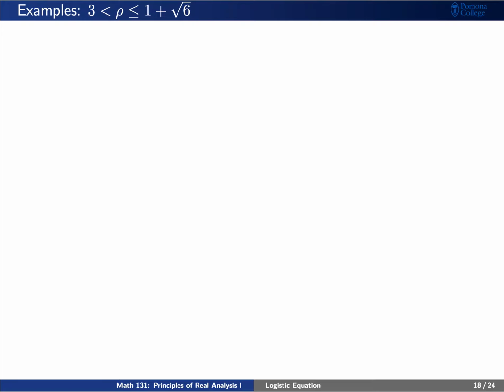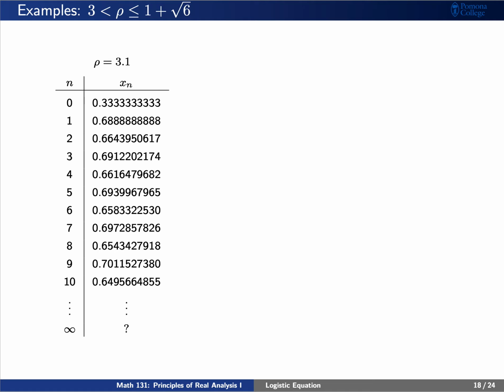Let's increase our rho slightly. Now it's greater than 3, but less than or equal to 1 plus the square root of 6. Again, we start with x sub 0 equal to 1/3, and we start to compute various numbers. We can see here that after the first 10 terms or so, we can't really see a pattern.